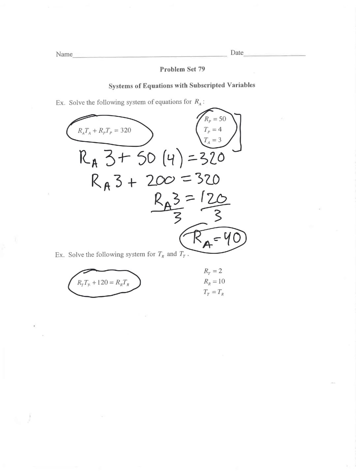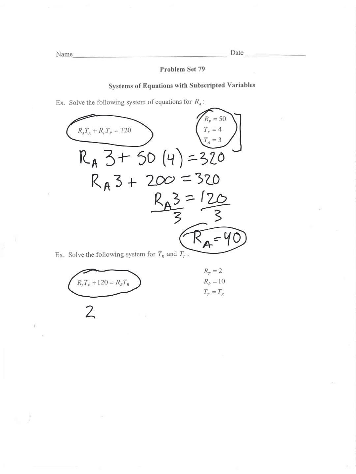Now, over here on the left, we actually have quite a lot of information, and the goal for me is to take the equation that I've circled and get it so that it only has one variable that we can then solve. So we have r sub t, that's 2, so I'm going to substitute that in. We have t sub t is equal to t sub r.